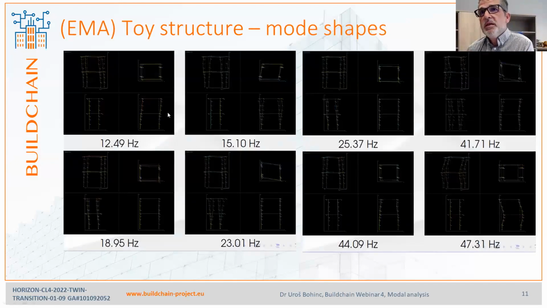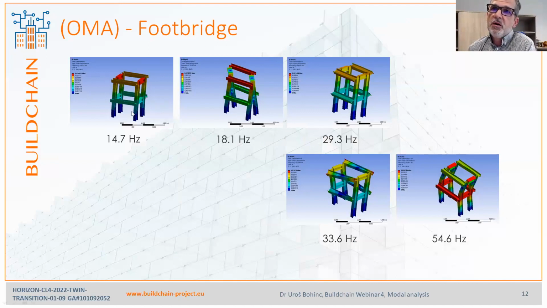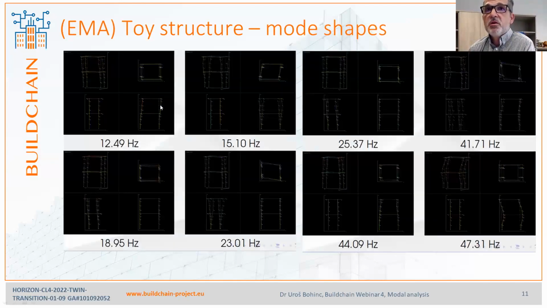As you can see, if you take a look at just the first mode, the basic deflection shape is captured with the numerical model quite well, but the frequency of that mode shape was not computed very accurately.